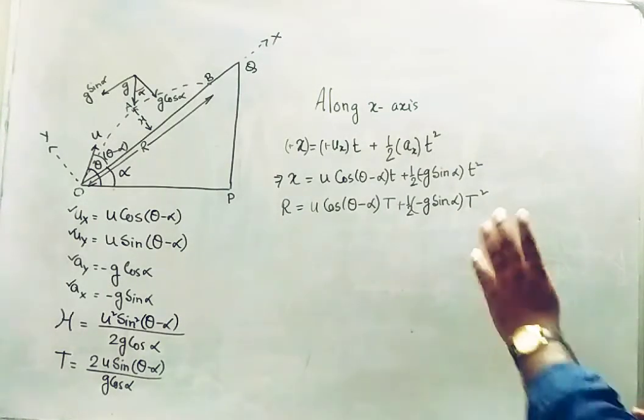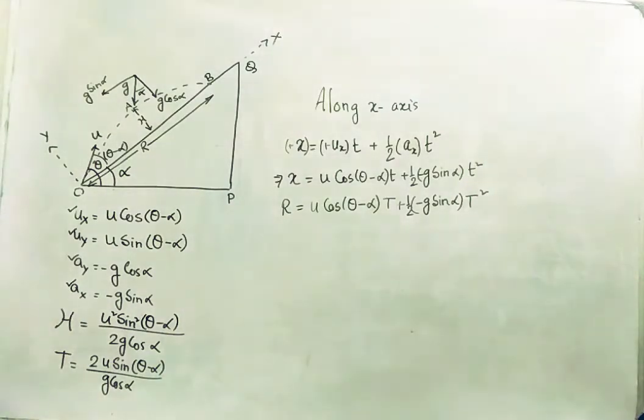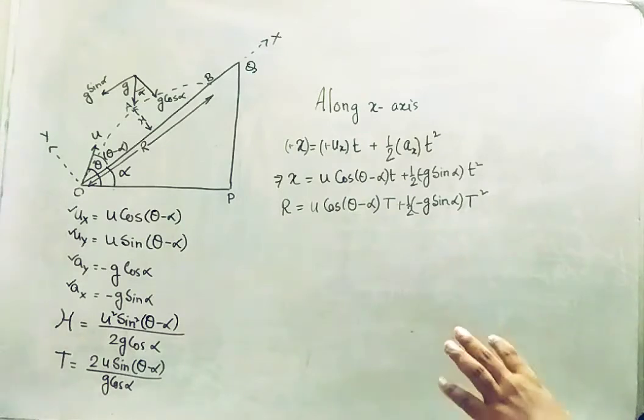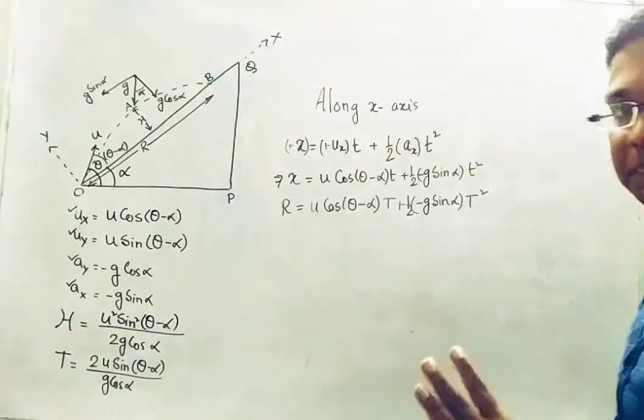In this equation, we replace the value of the total time of flight and try to find the equation of range in terms of our quantities u, theta, alpha and g.